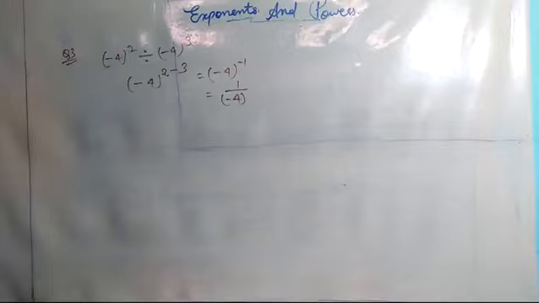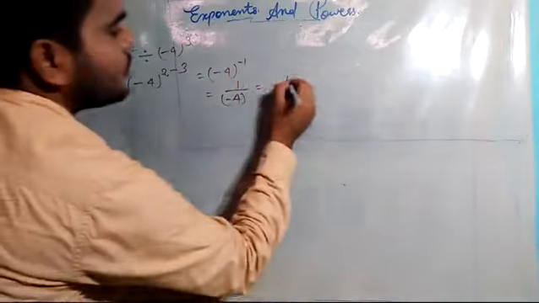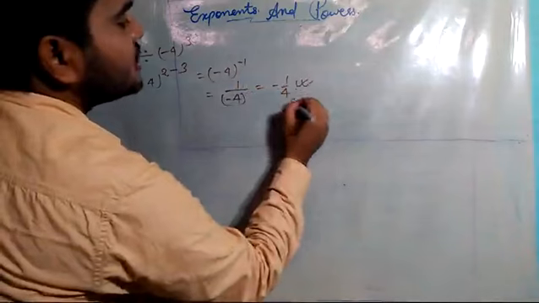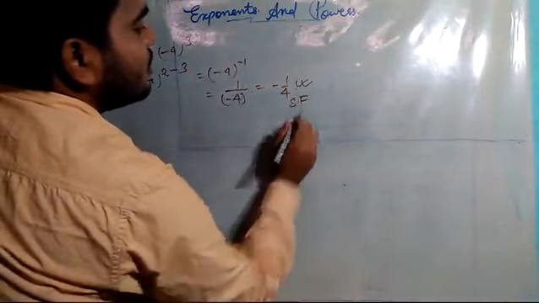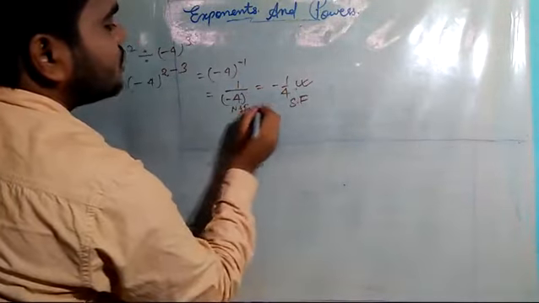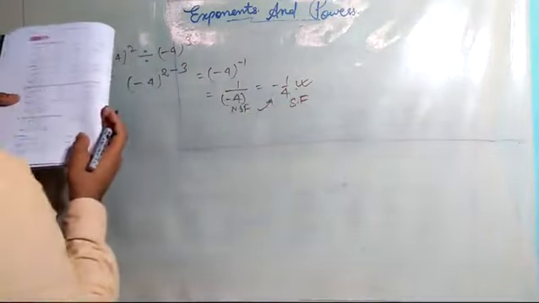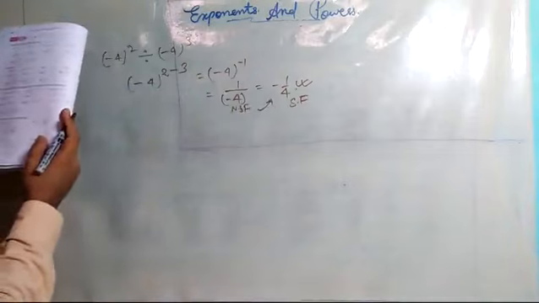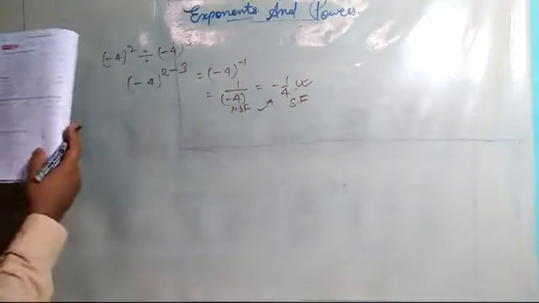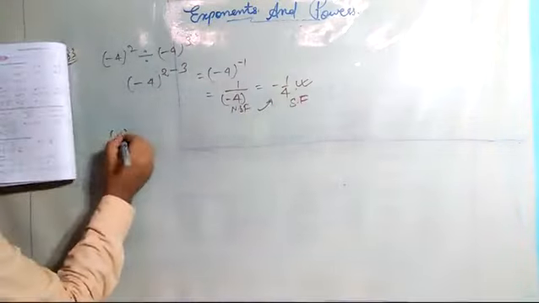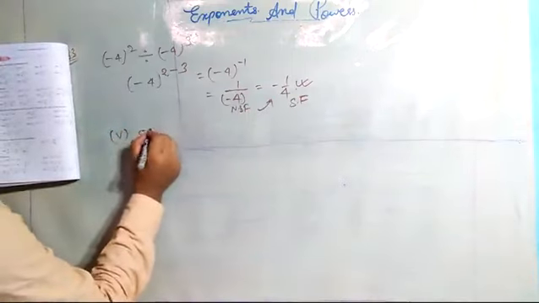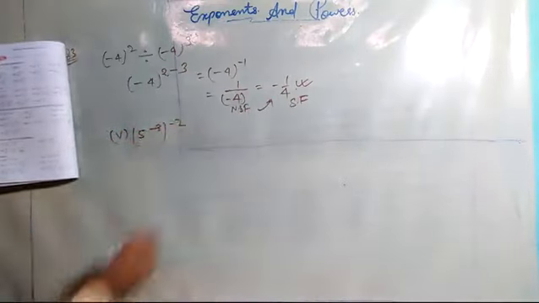Minus 1 by 4, or 1 upon this. This is in standard form, whereas the other is in non-standard form. So always try to write in standard form. In the same way, for question number 3, take 5 raised to the power minus 3, all raised to the power minus 2.